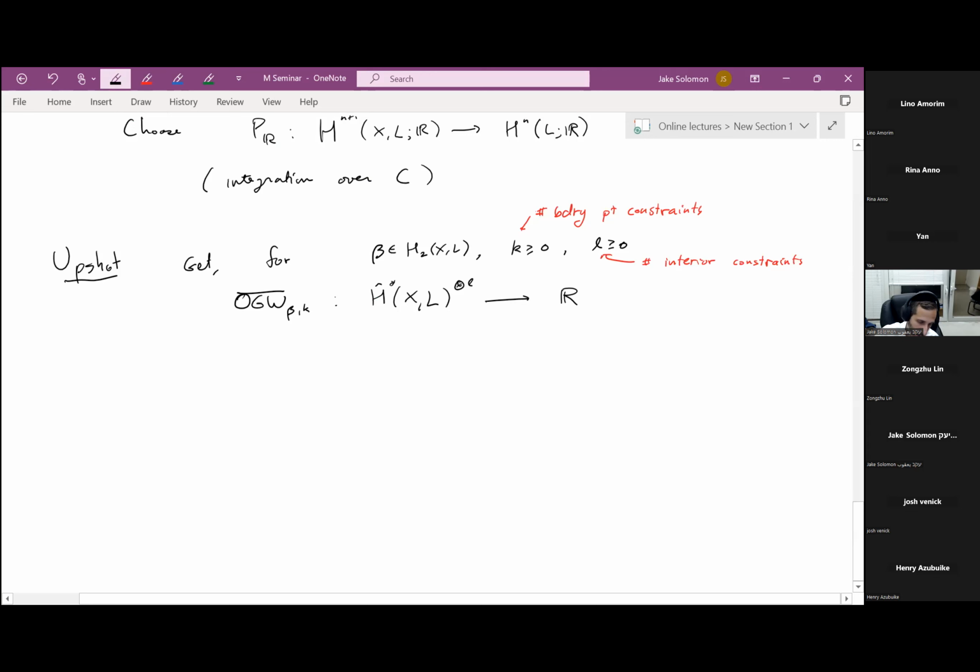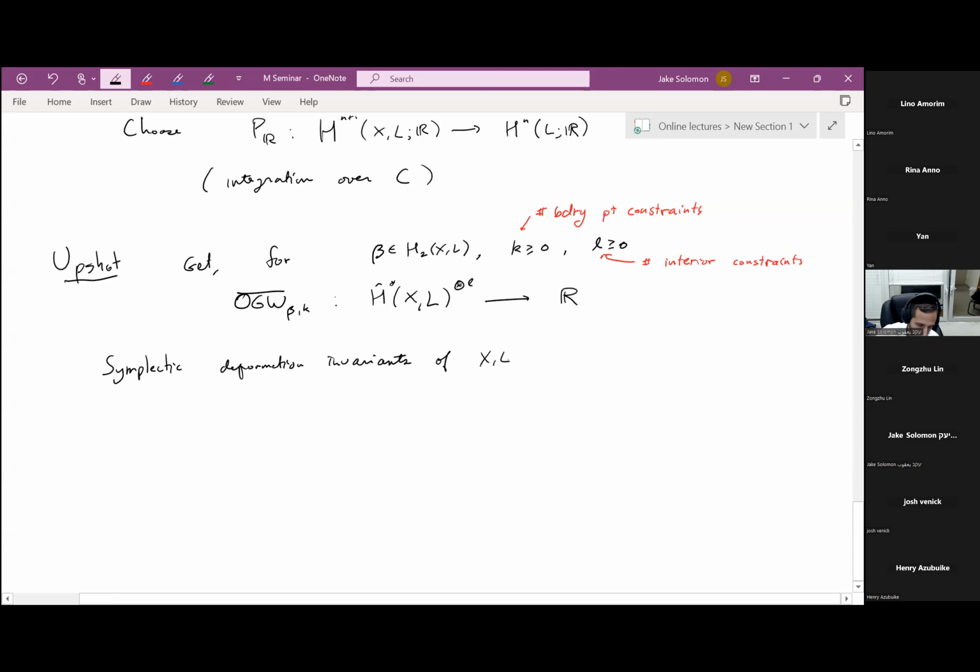That's the hat there. And these are invariant. They depend only on the deformation invariance of the symplectic structure. So they're symplectic deformation invariants. Even if you change the symplectic form in a continuous family, they're not going to change.